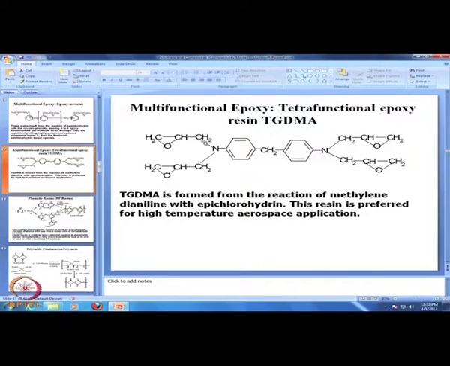So, this nitrogen combines with this aromatic moiety, and these are epoxy groups. So, 4 epoxy groups are combined to this molecule.